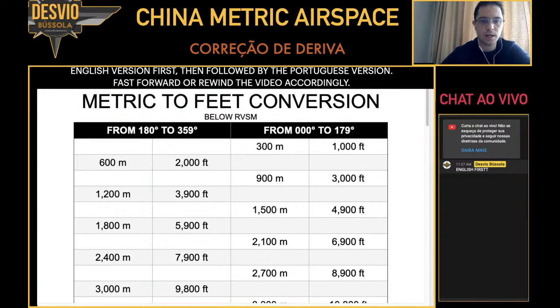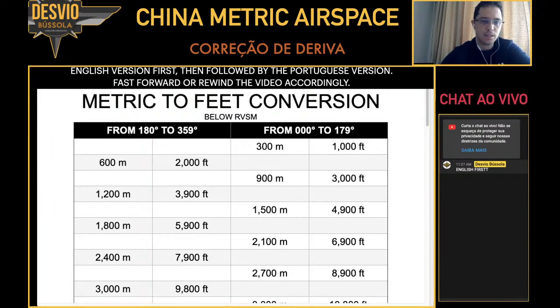As you can see, I separate initially altitudes below RVSM. So on the left side you have the standard ICAO level roof.